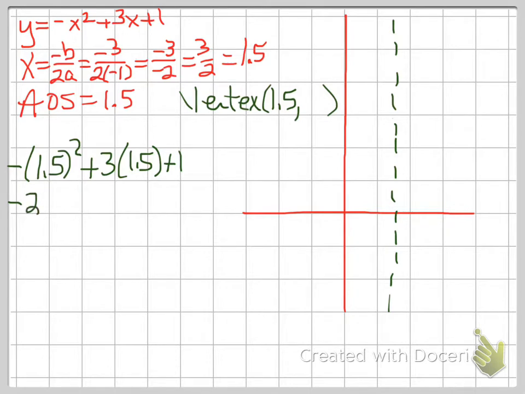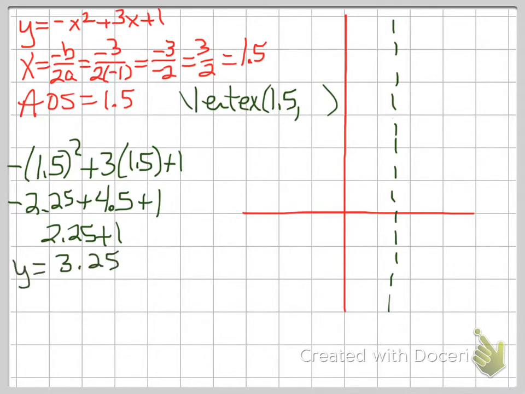So negative 2.25 plus 3 times 1.5 is 4.5 plus 1. So negative 2.25 plus 4.5 would be positive 2.25 plus 1, or 3.25 is y. So at 1.5, we're going to go to 3.25.